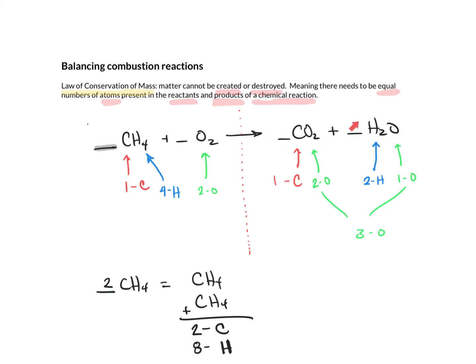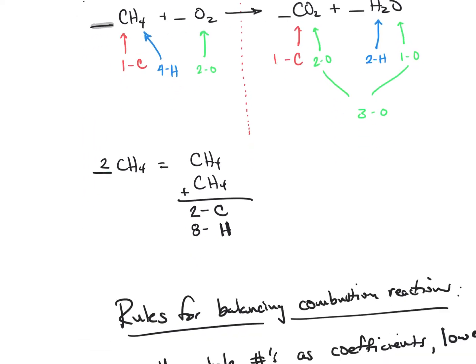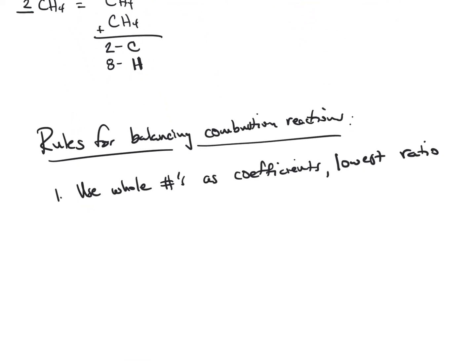Those are all divisible by 2, and so we would divide all of them by 2 to reduce them. If we had, let's say, a 1 and a 3 and a 5 and a 1, those are not divisible by the same number that will reduce them. They're all divisible by 1, but that doesn't change anything. Okay, just wanted to make sure that was clear for everybody. So we want whole numbers in the lowest ratios.